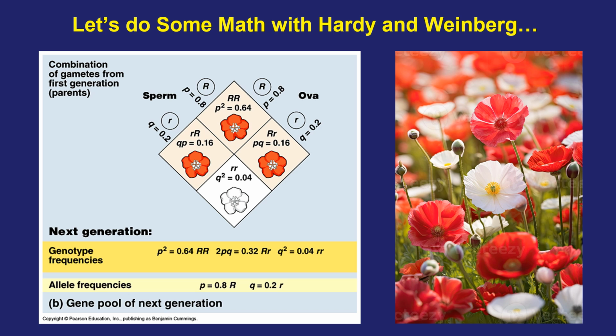Now there's two ways on this chart to get our heterozygous condition. So we have 0.2 times 0.8, we're doing that twice, and we're adding that together. So our value for the heterozygous individuals, that's 2pq. So it's p times q times 2.